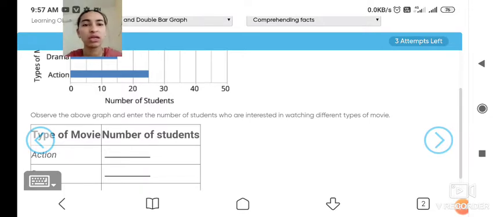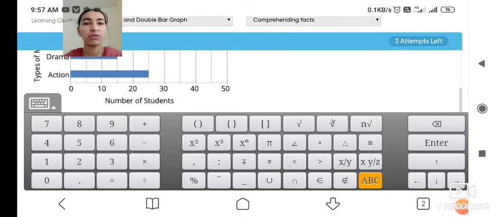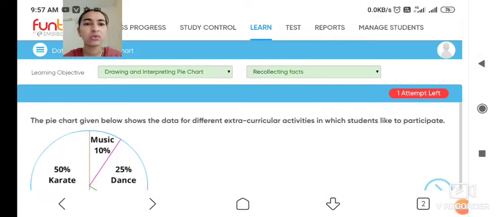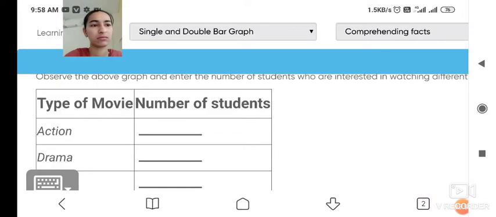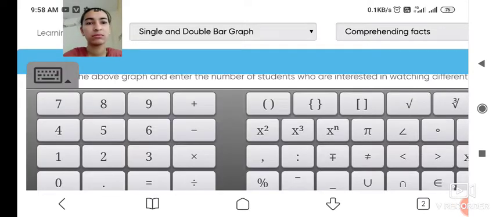Yes, students, so write 25 here. Here a calculator is also there. So write 25 there. Now in action you have to write 25.